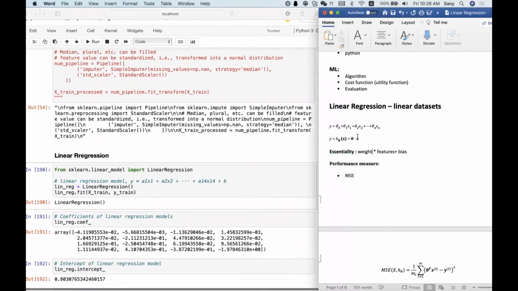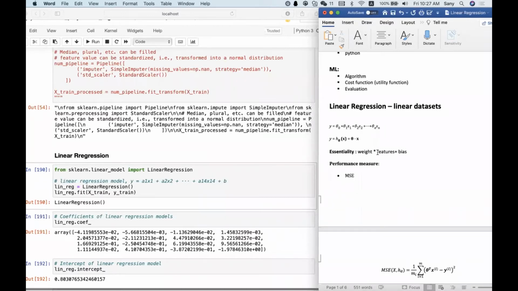And here, x means features, and the last term b means bias. So now we can start with these simple machine learning algorithms, because the machine learning algorithm will try to find the weight and the bias through the data set you feed them, the features you feed them, the training set.